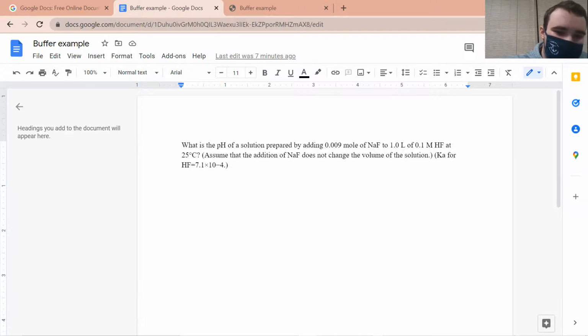For this, we weren't given any information about how much was put in. So we're going to say it's 0, but we do know that some of it will be produced. And then plugging this back into our Ka expression.